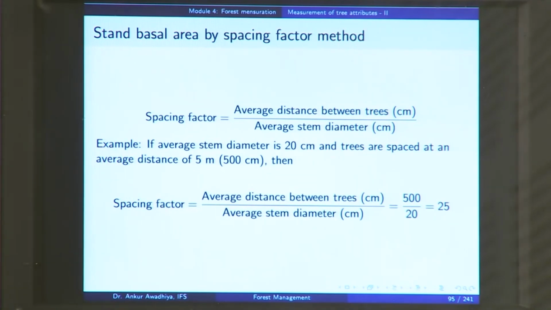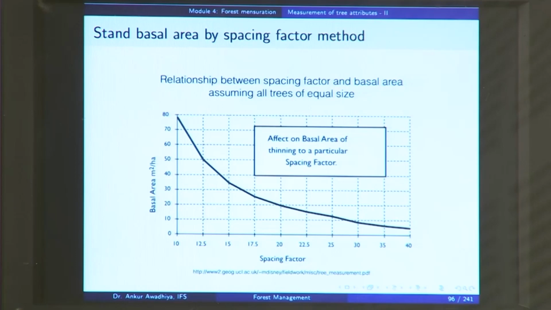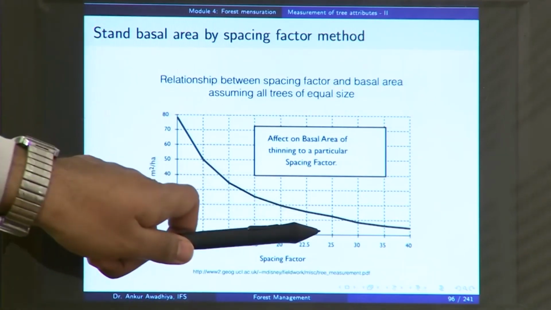So, if you are able to measure the DBH of a few of the trees in your sample plot, and the average distance between the trees, you will get the spacing factor. In this case the spacing factor was 25.